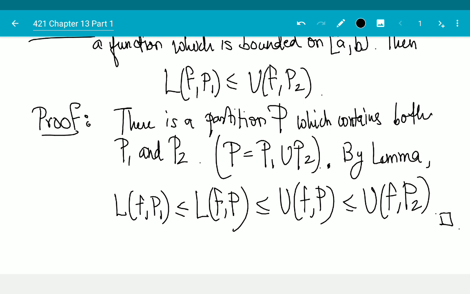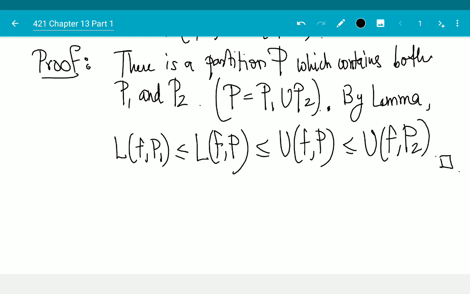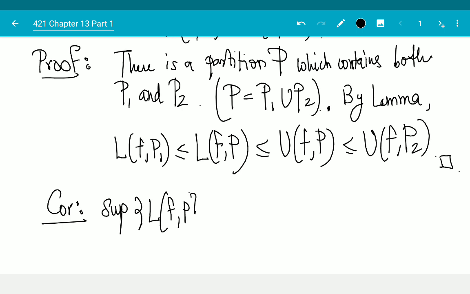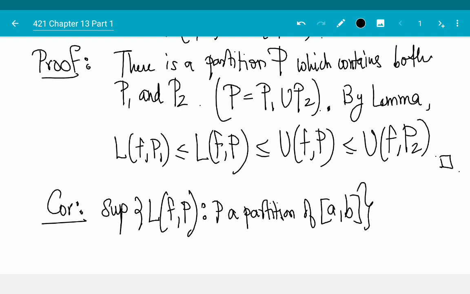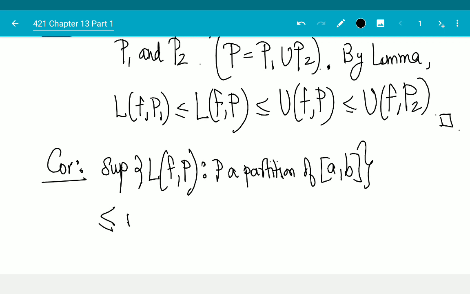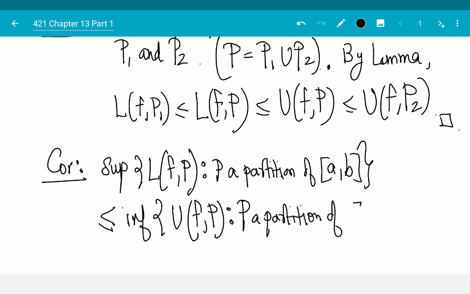Ta-da! That's my theorem 1, which is a great result, and that also tells me the corollary: the supremum over the set of all lower sums over any partition P of [a,b], even if I take the supremum here, is smaller than or equal to the infimum of all the upper sums, P a partition of [a,b].